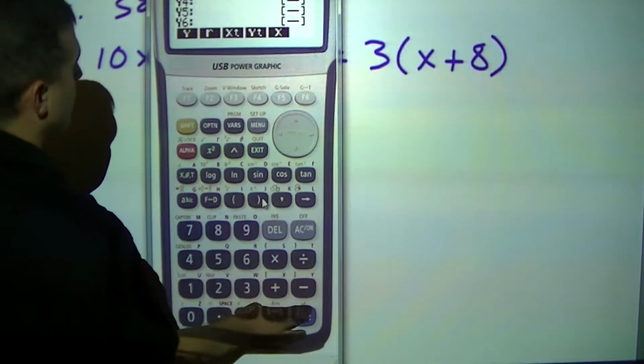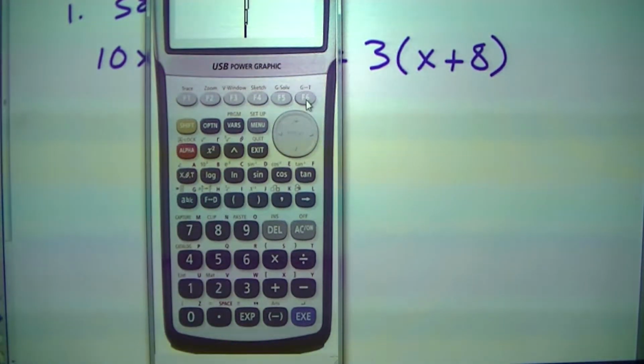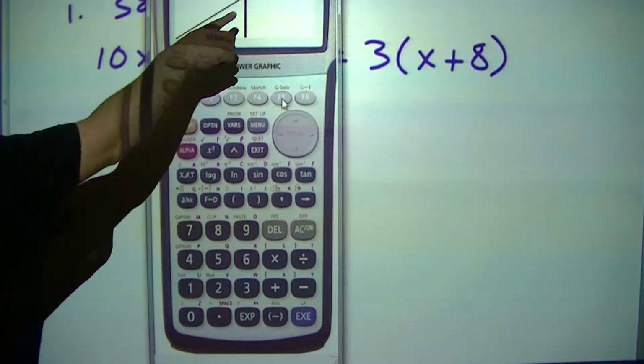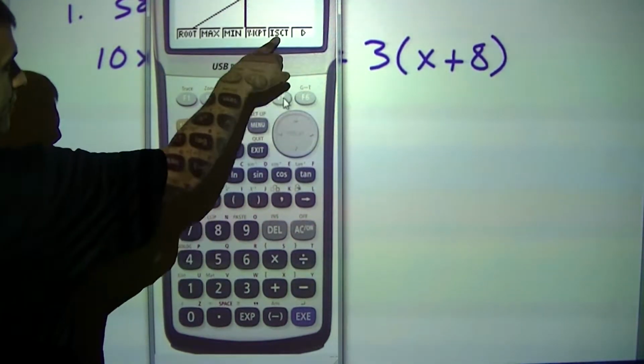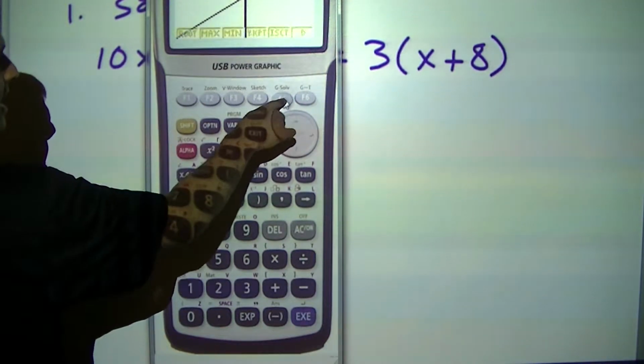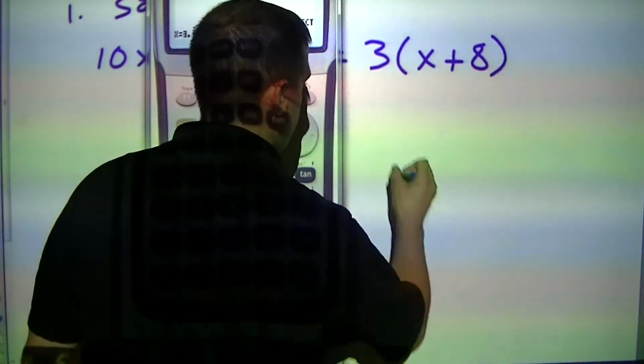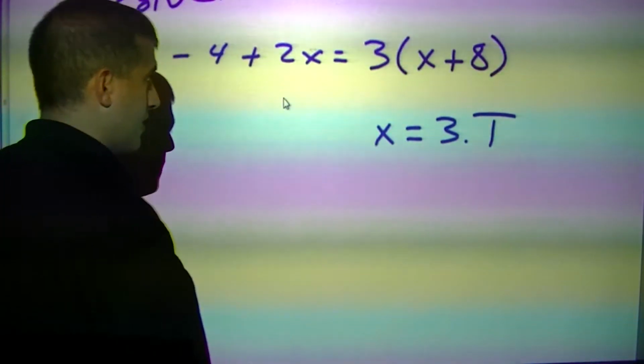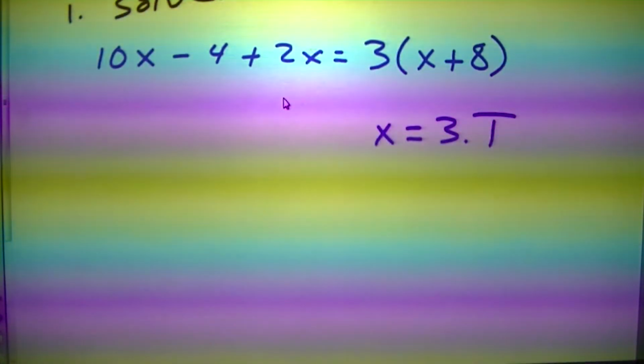And then you're going to draw. Now I'm going to try to do zoom auto. And there's my answer right there. So I'm doing G-solve intersect, which is F5, and I get an answer of 3.1. So that's my answer for that one.